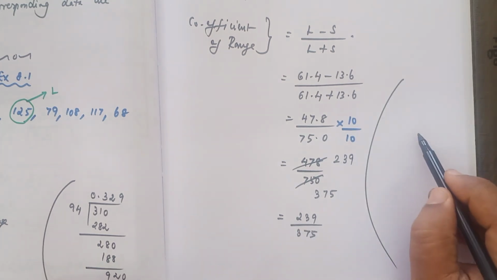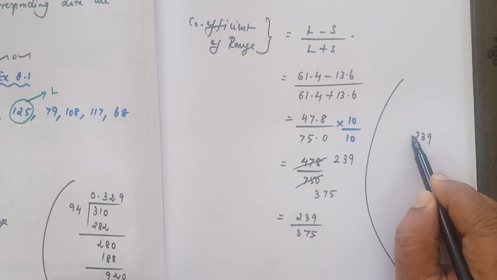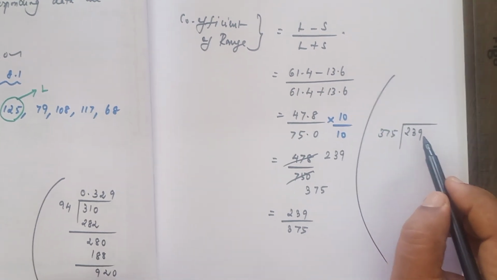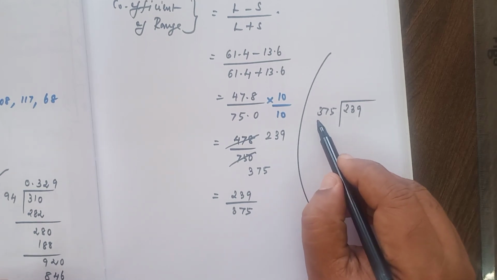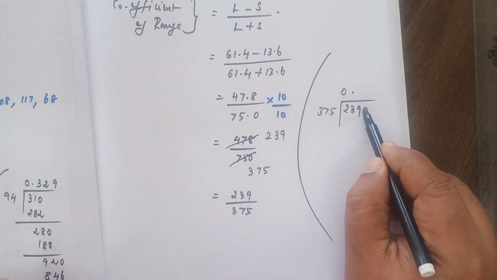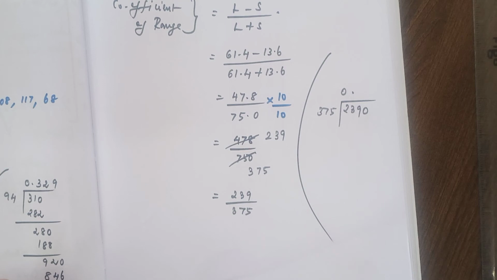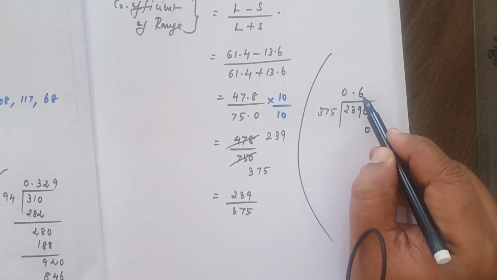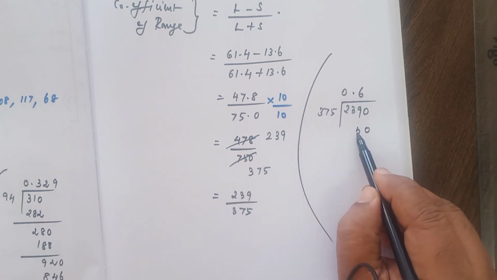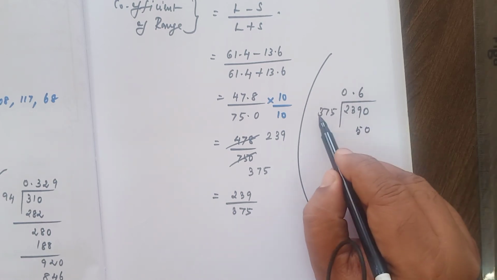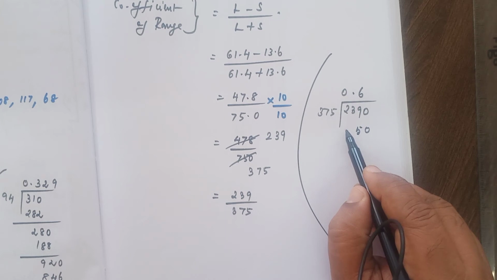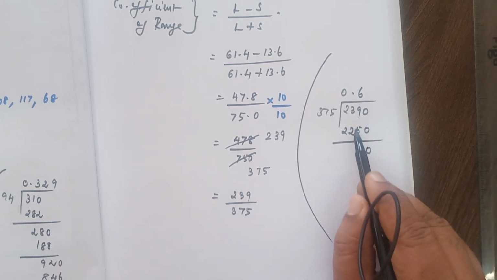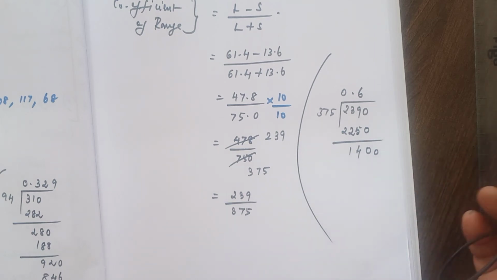I do the calculation here. 239 divided by 375. Since 239 is less than 375, put 0 point here, 0. You can go for 6 times. 6 5s are 30, balance 3, 6 7s are 42, plus 3, 45, balance 4, 6 3s are 18, 18 plus 4, that is 22. Subtract 4, 1, 0.